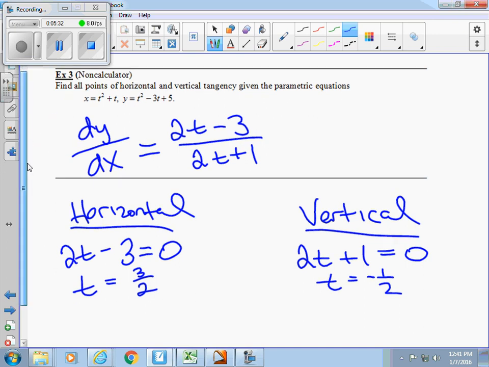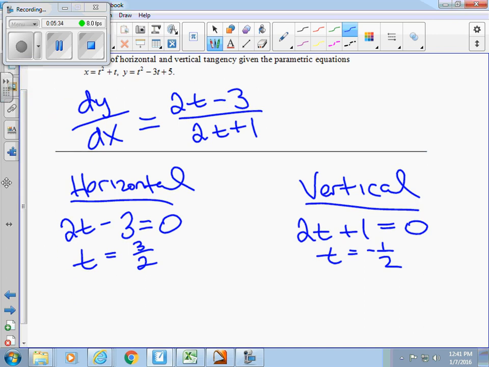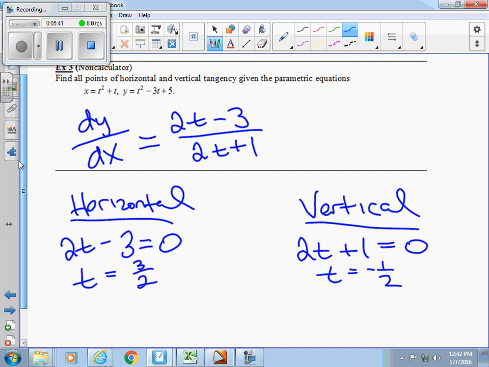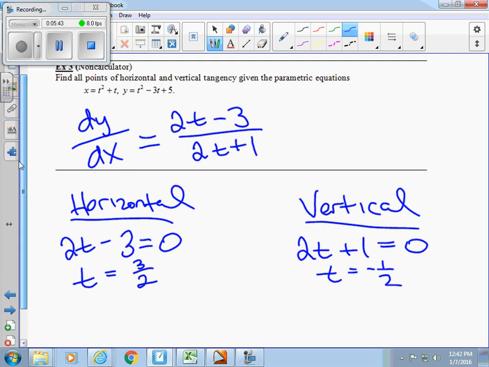Am I done when I find t? What does it ask? Find all points of horizontal and vertical tangency.